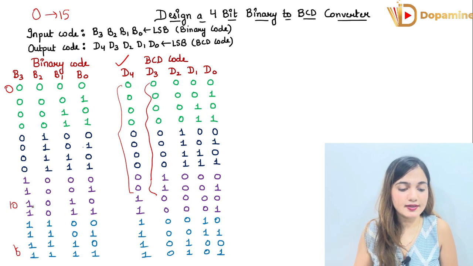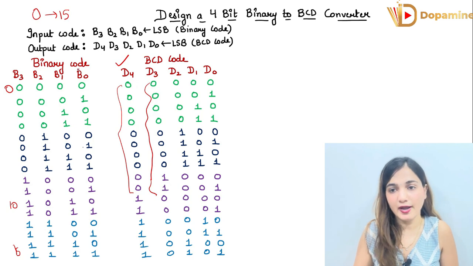So binary 10, which is 1010, is represented in BCD as 10000. Similarly, 1011 is represented as 10001. So you require 5 bits to represent the BCD code corresponding to 4 bits of the binary code.